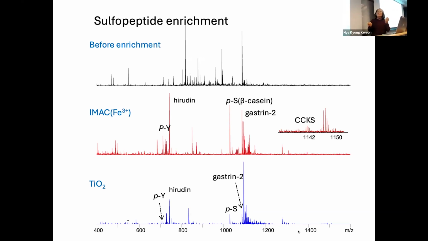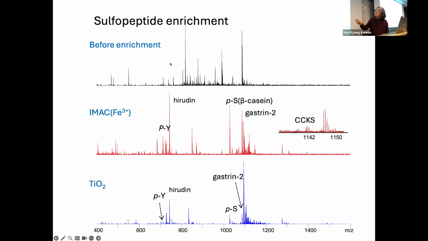Thinking about the chemistry of phosphate and sulfate, both are negative, highly polyprotic anions, and given the way they interact with the metal ion, I thought it might work for sulfate. So I tested a simple mixture of sulfopeptide and phosphopeptide on the conventional phosphopeptide enrichment techniques, IMAC and titanium dioxide.